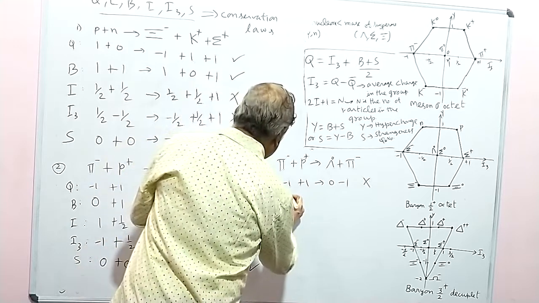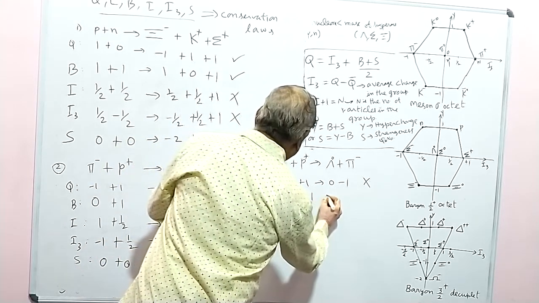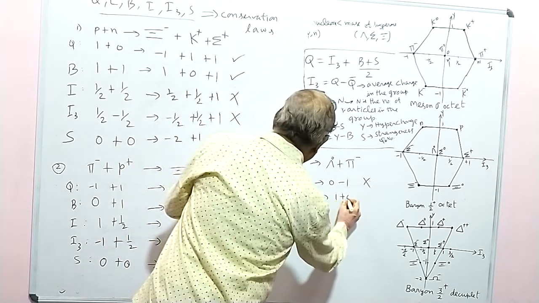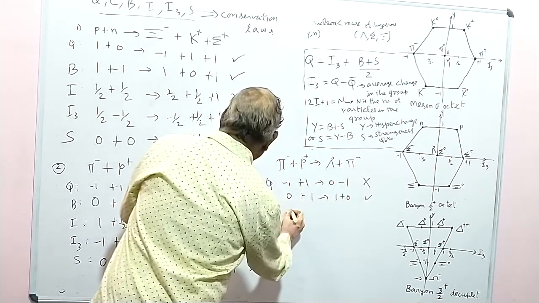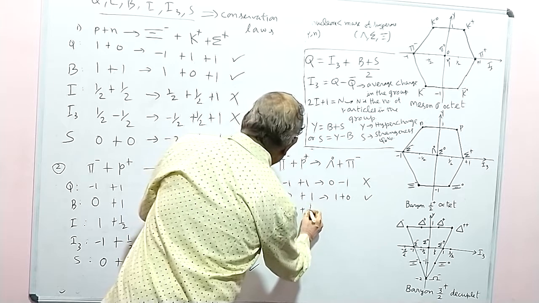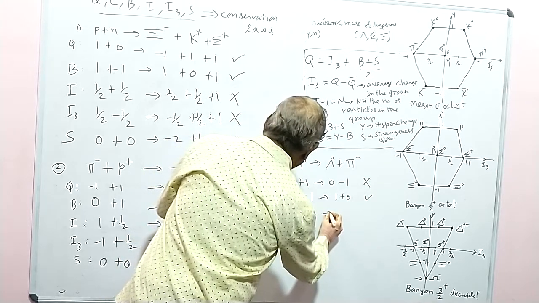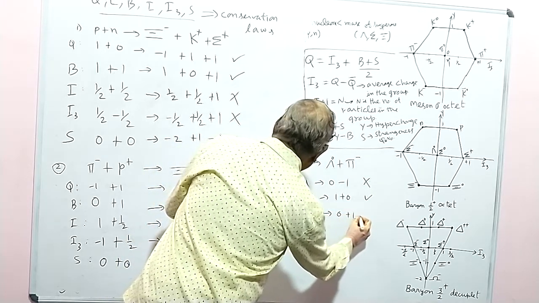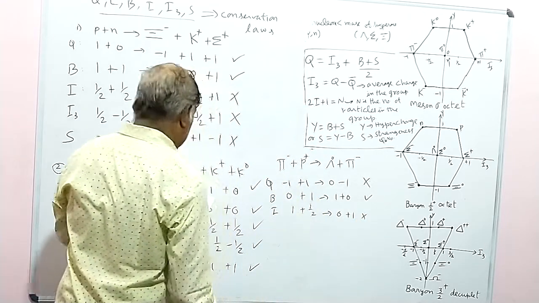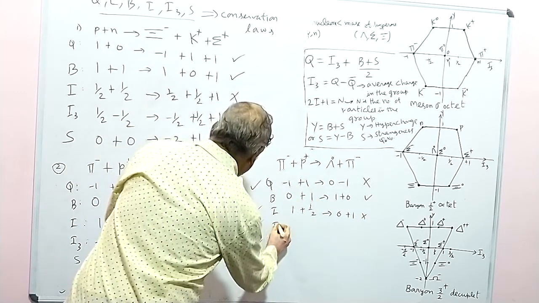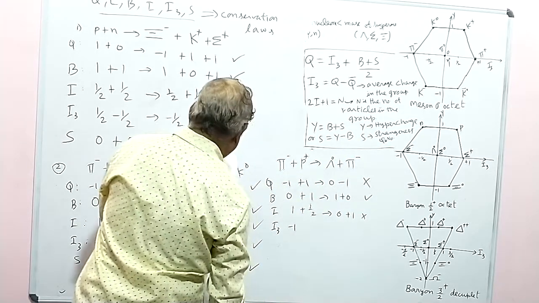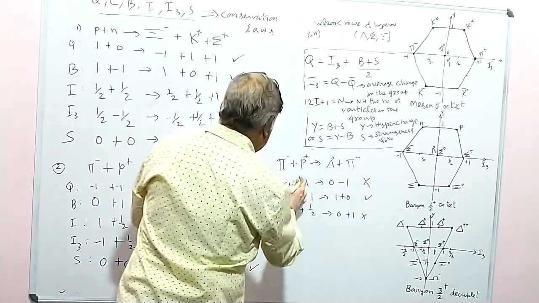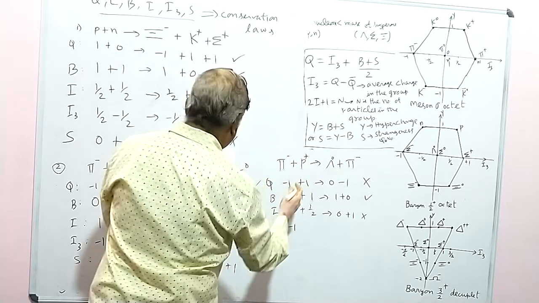B is equal to, here you can find this 0 plus 1, this goes to 1 plus 0, this is allowed. And I will be 1 plus half, and this is 0 plus 1. So this is not conserved. And I3, from the diagram you can easily take the numbers for I3 corresponding to all the particles.